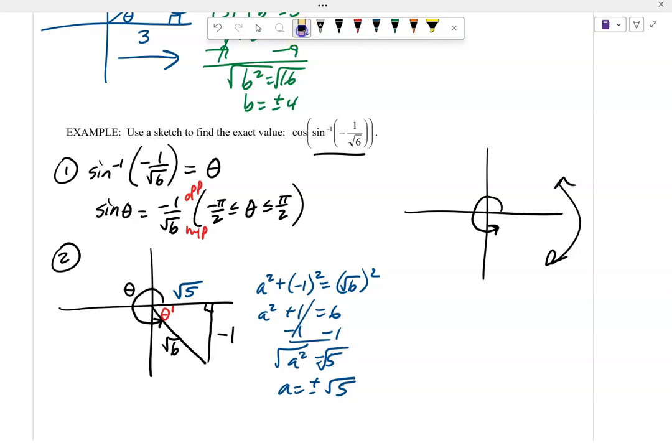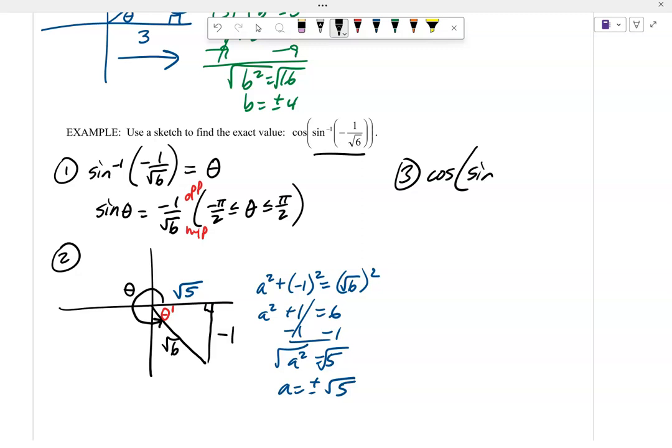And finally, step 3, let's put this all together. Cosine of the arc sine of -1 over root 6. Remember, we called the arc sine of -1 over root 6 theta.